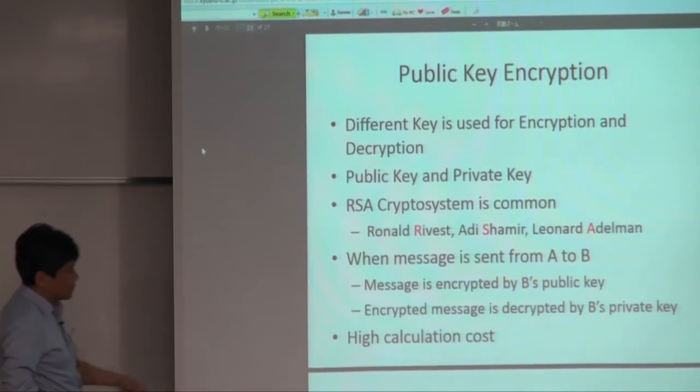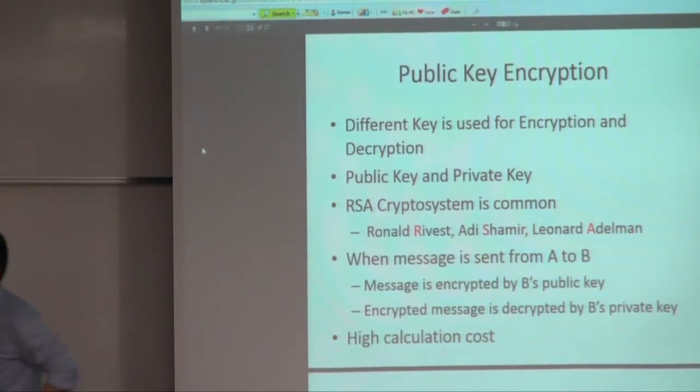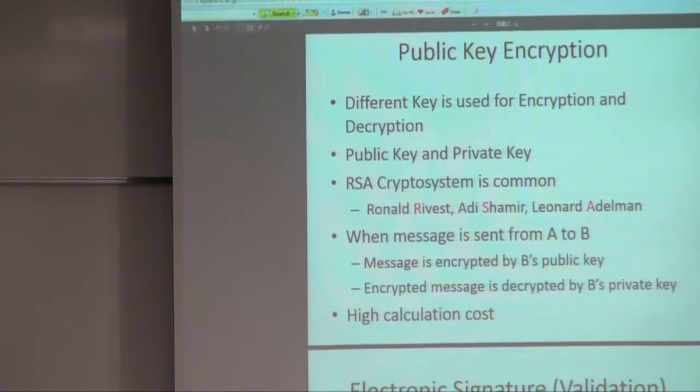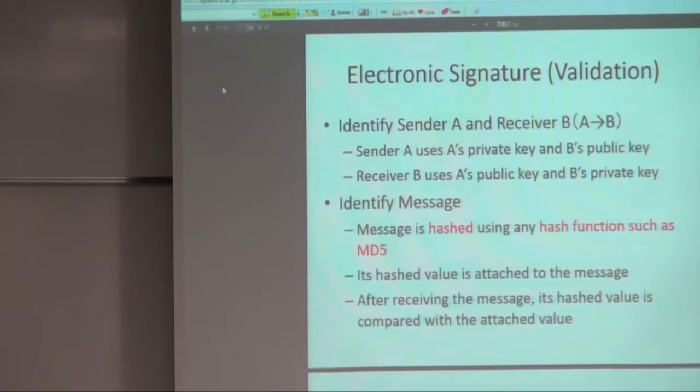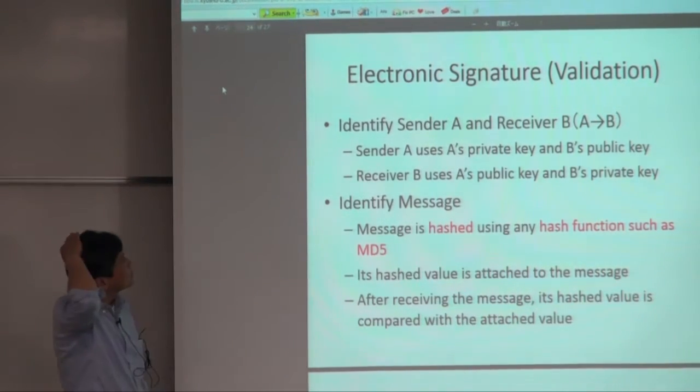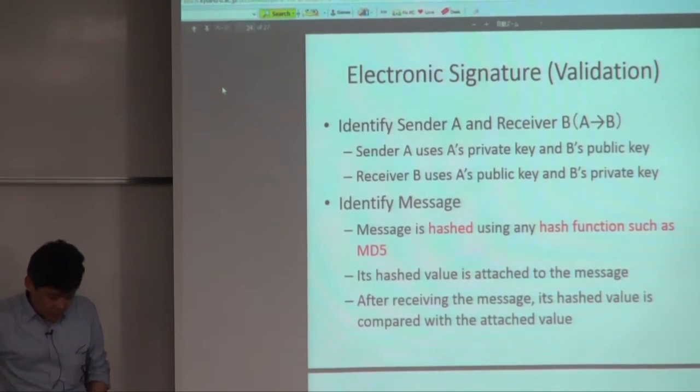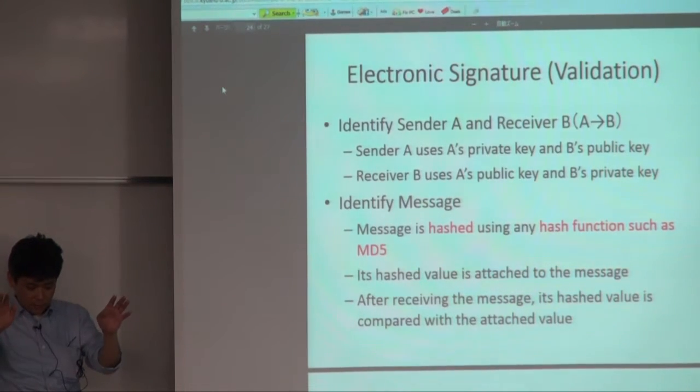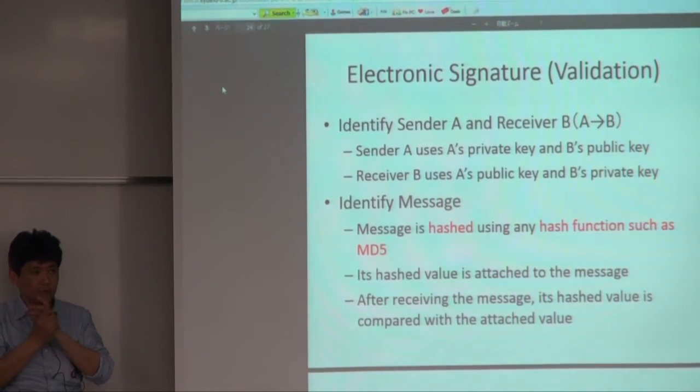So as I explained, the calculation cost is very high, because the security level is very high. So another term is electronic signatures. If you provide very serious documents to other persons, such documents have to be validated.